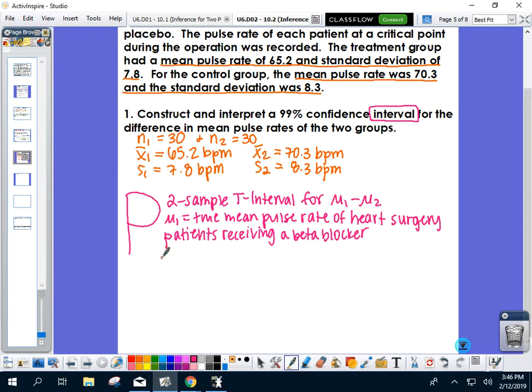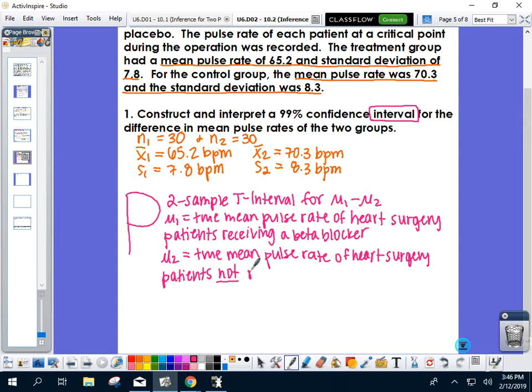And mu2, I always think of Pokemon when I say Mewtwo, but mu2 is the true mean pulse rate of heart surgery patients not receiving a beta blocker.